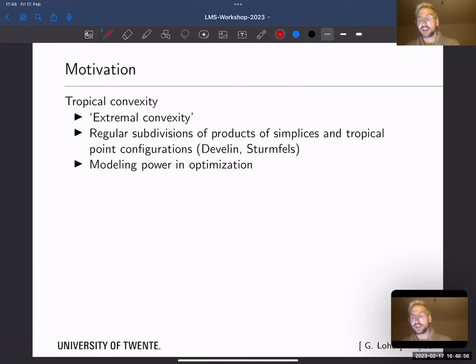Well, it's like tropical geometry, a limit version of convexity, and so it was also called extremal convexity, and it was made very popular by a paper by Develin and Sturmfels, where they showed some duality to regular subdivisions of products of simplices. And it actually has quite a lot of modeling power in optimization. So I would say the talk which we've just seen also falls into this direction.